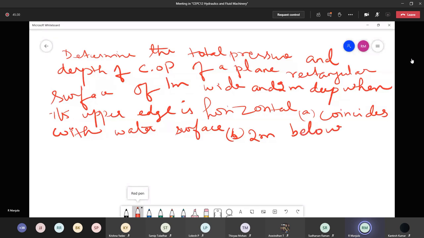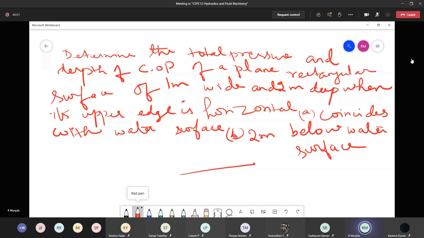Is the question visible to you? You please work out and tell me. Determine the total pressure and center of pressure of a plane rectangular surface of 1 meter wide and 2 meter deep when its upper edge is horizontal and coincides with the water surface. Okay, so 1 meter wide and 2 meter deep. It will be like this: 1 meter wide, 2 meter deep.